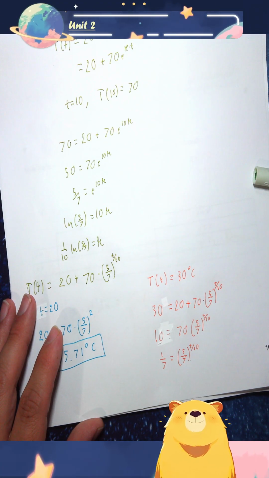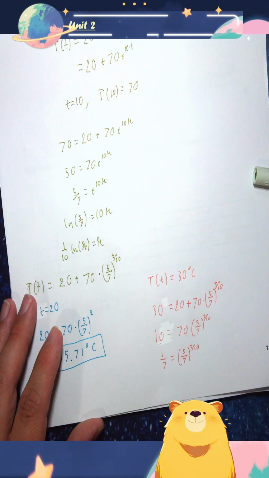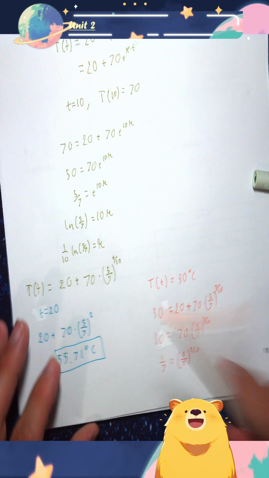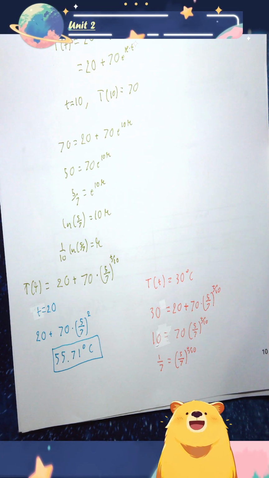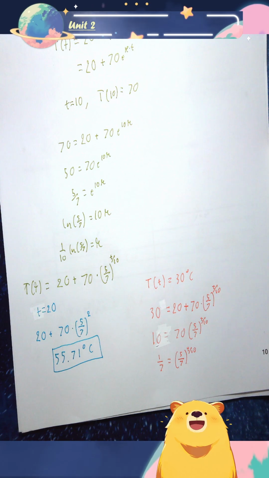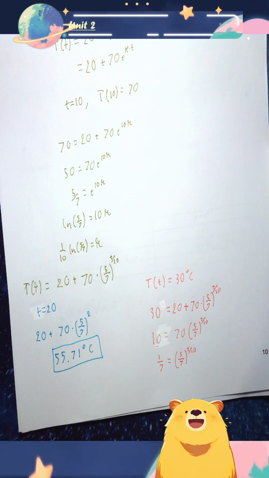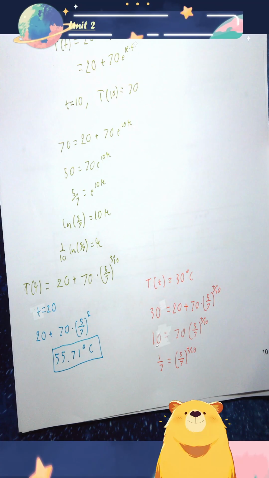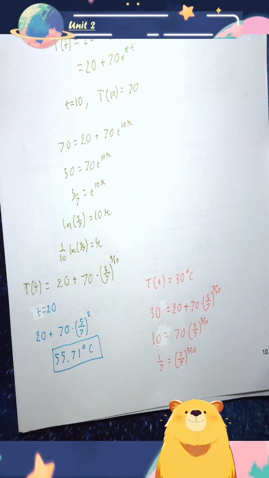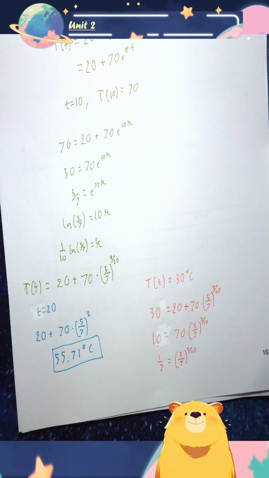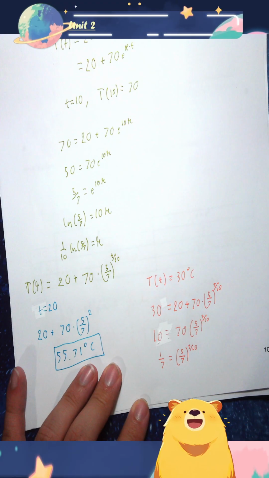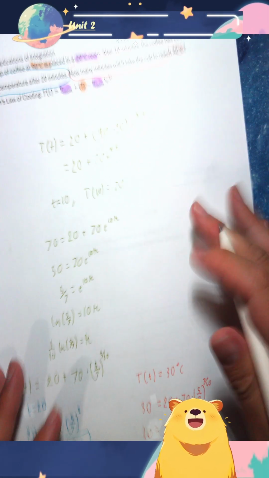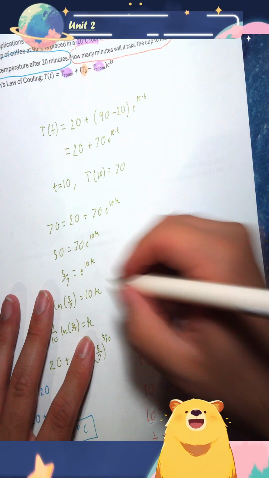Wait, I don't think you can. No, you can't take logs with a fraction. Or actually, you could. It's a little weird, but you could. Okay. I'm gonna use this though because I'm just using my scientific calculator.